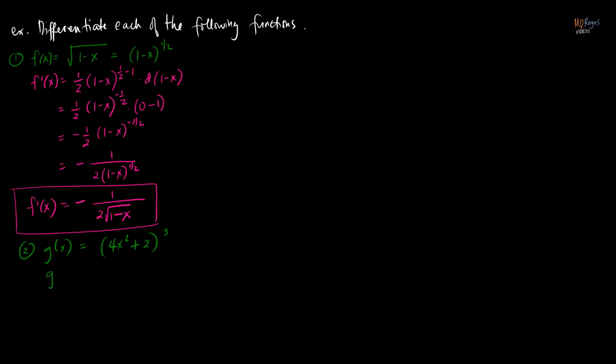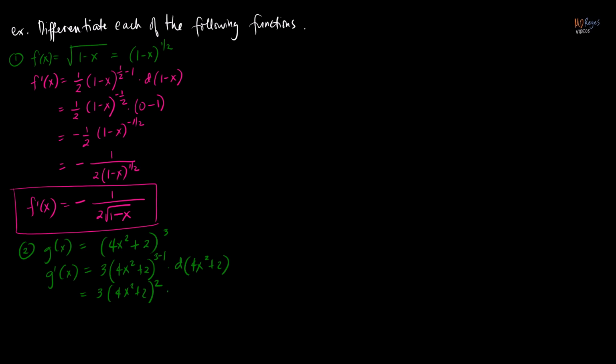So the derivative of g of x using generalized power rule is 3, that's the exponent, times the base 4x squared plus 2 raised to 3 minus 1, times the derivative of the base. Don't forget this. So it's equal to 3 times 4x squared plus 2 squared. Now what is the derivative of the base 4x squared plus 2?